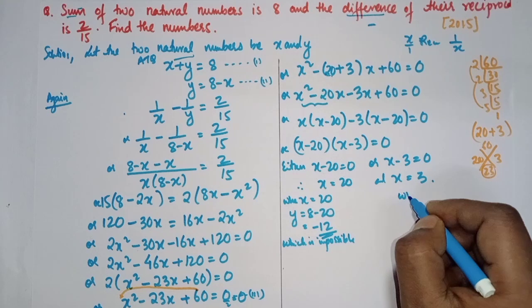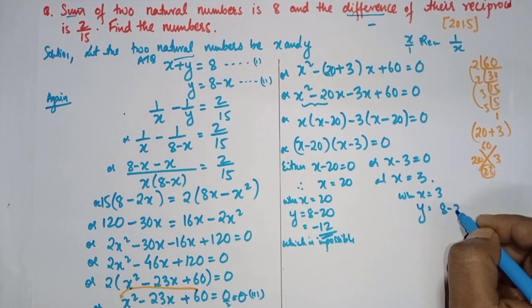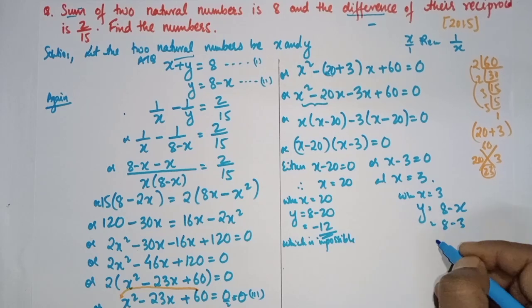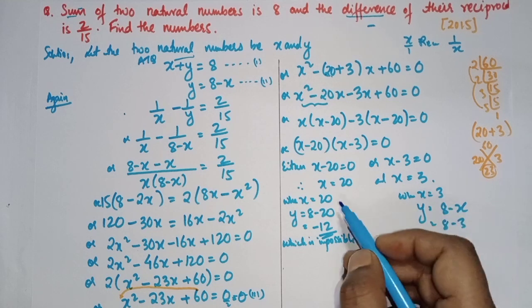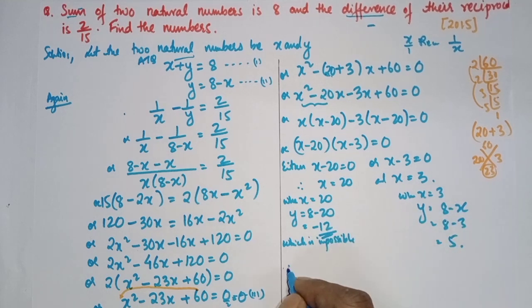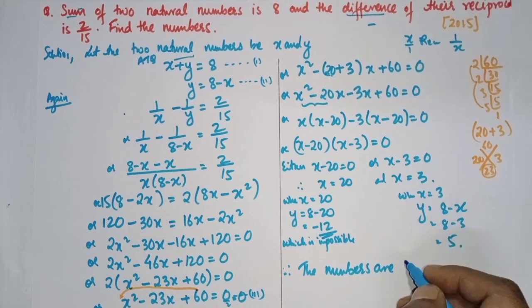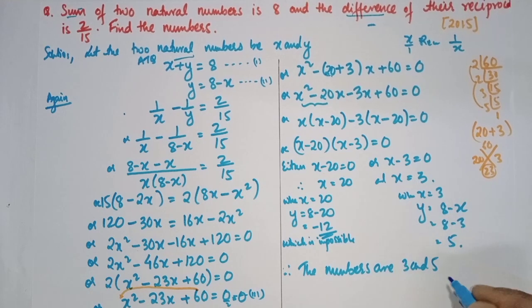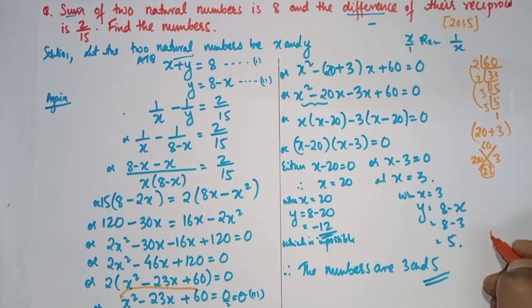So when x equals 3, y is equal to 8 minus x. So 8 minus 3 is equal to how much? 5. So this is also a natural number, this is also a natural number. Here x was a natural number but y was not a natural number, so I can't take it. So therefore the numbers are 3 and 5. So this is my final answer, and you will get 4 marks for this.